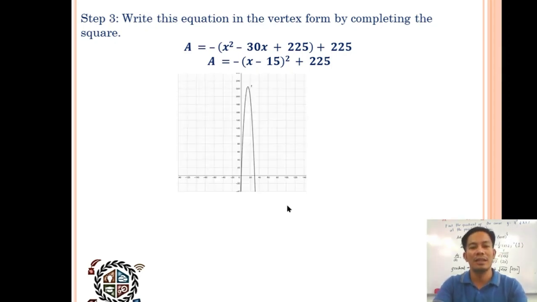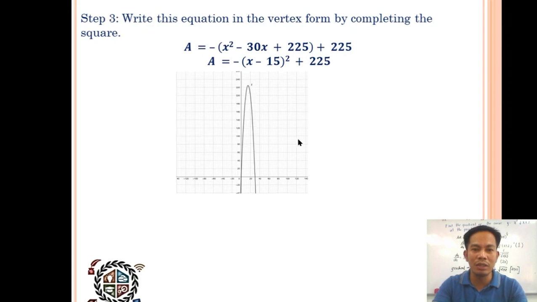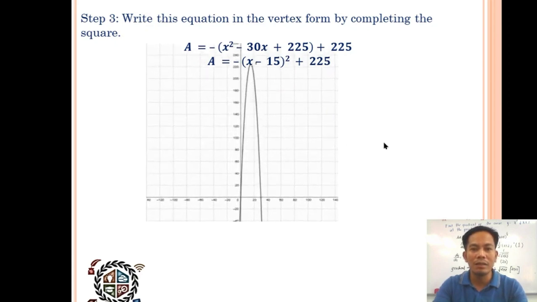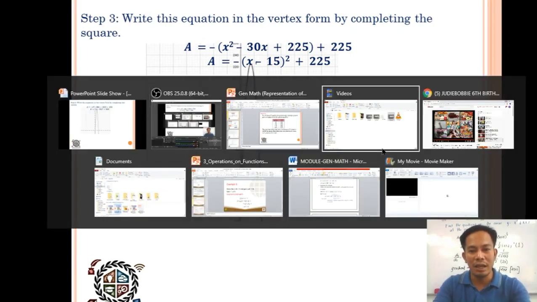Okay, yan. It opens downward. At yung nasa tuktok na yan is this. Ano ba yan? 225. Yung nasa tuktok niya ay 225. Okay? So you want to see the real graph of this? I'll show you.